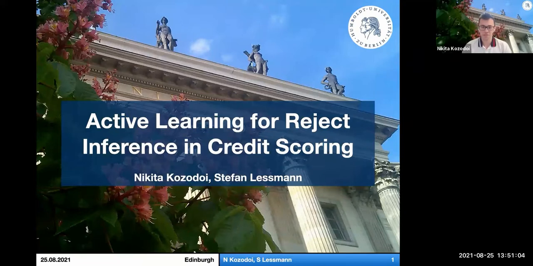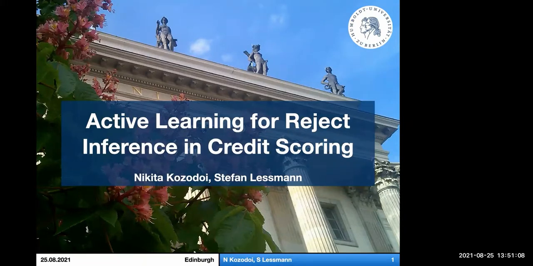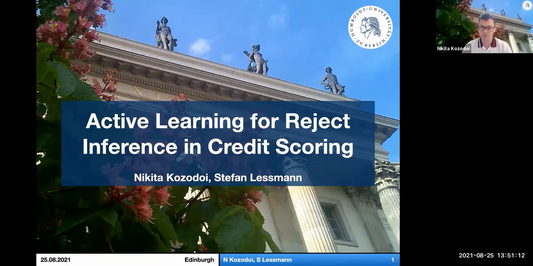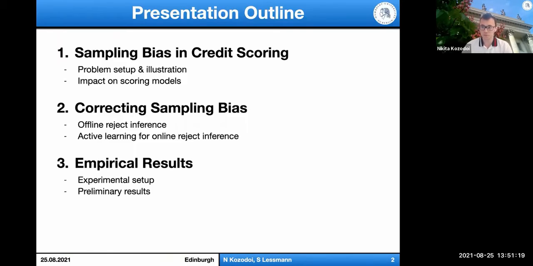Thank you very much for the introduction. Very happy to be here and to be able to present our work in progress on active learning for reject inference in credit scoring. So I will start by talking about the problem, which is the sampling bias in the credit scoring. We'll talk a little bit about where the sampling bias comes from and what impact it has on the scoring models.